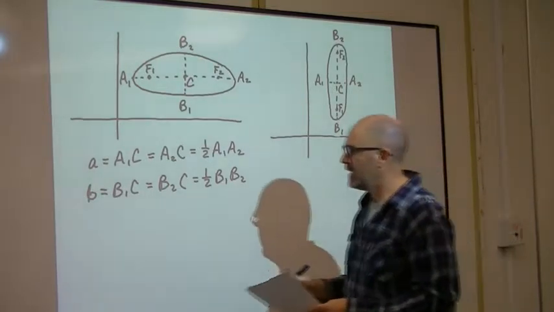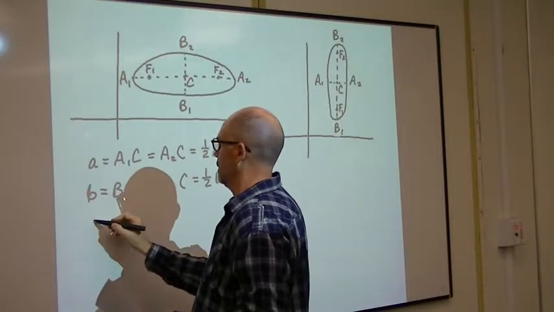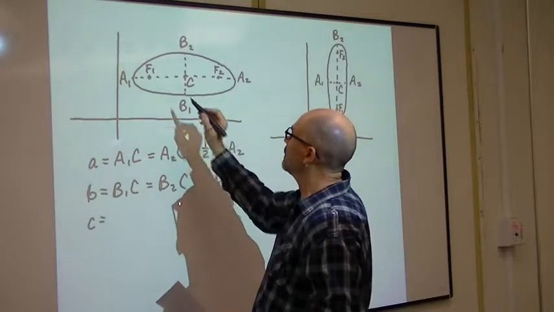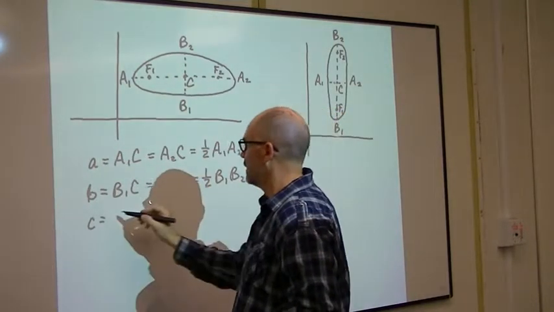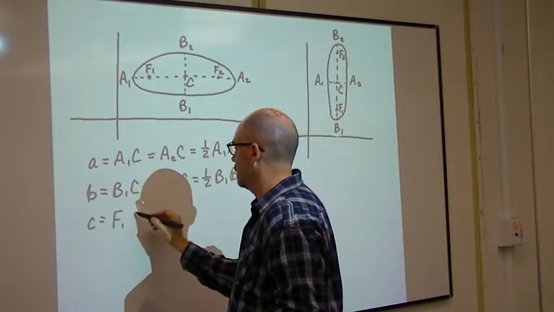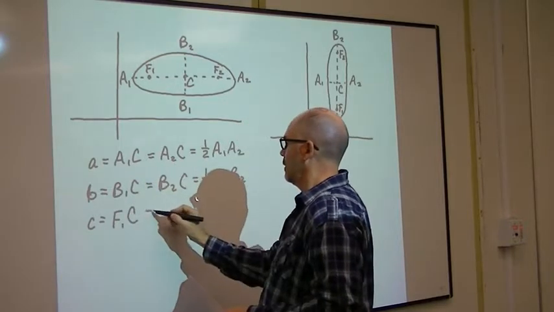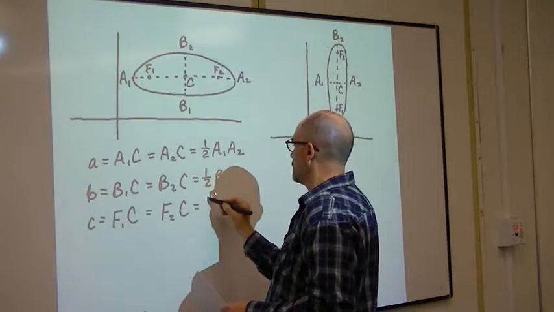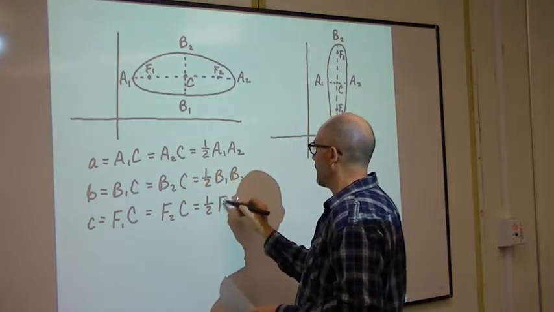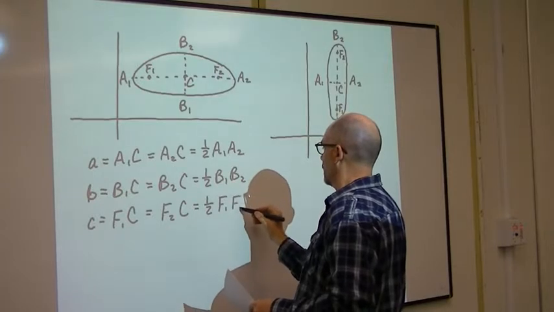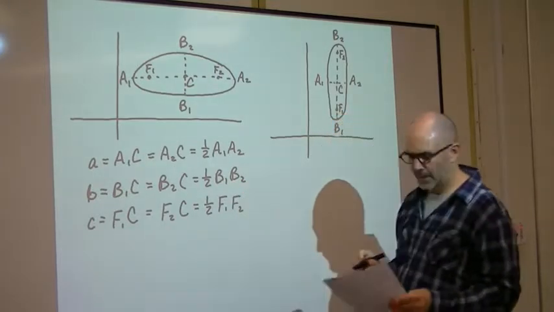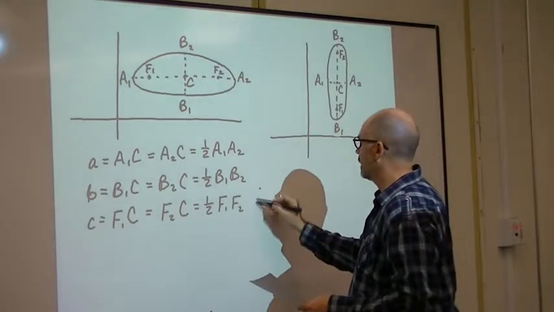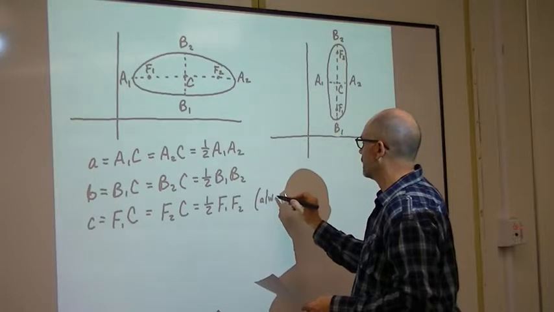And C is the distance from F1 to the center, which is the same as the distance from F2 to the center, which equals half the distance from F1 to F2. Now, note, C is always on the major axis.